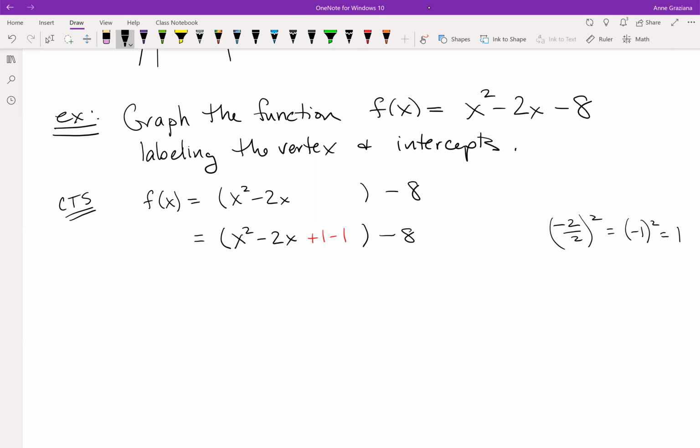Okay, so I'm going to start working on it on the screen because you should have had some time to get started. You should have noticed there's nothing to factor out.